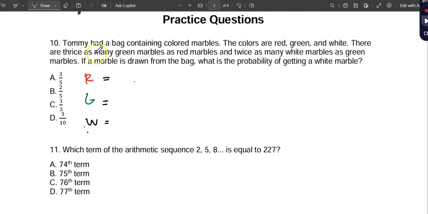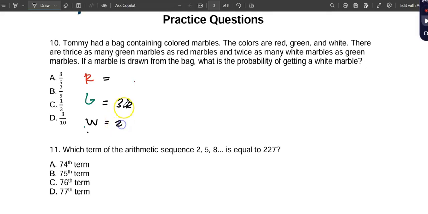There are thrice as many green marbles as red. So, yung green daw, thrice as many green marbles as red marbles. So, ang green natin is 3 reds, and twice as many white marbles as green. So, yung ating white will be twice daw sa green.